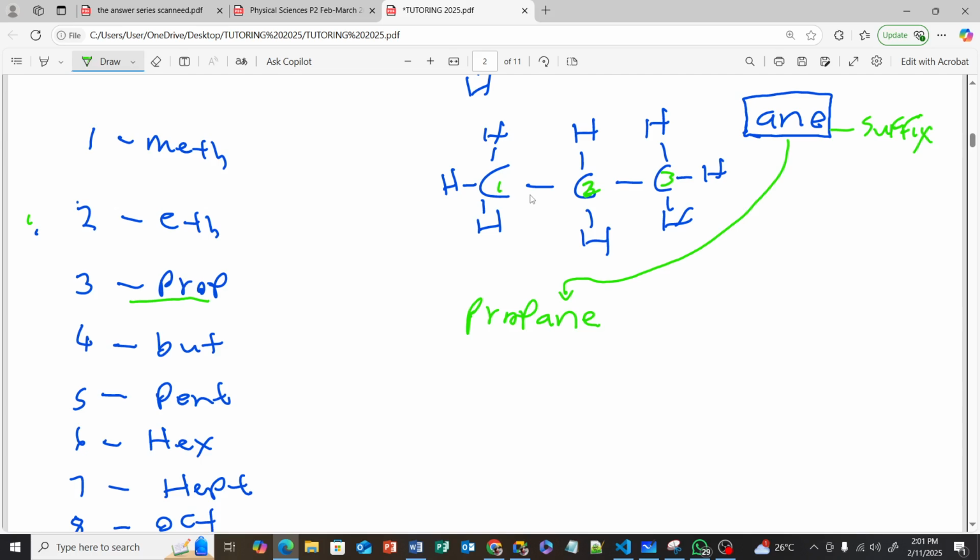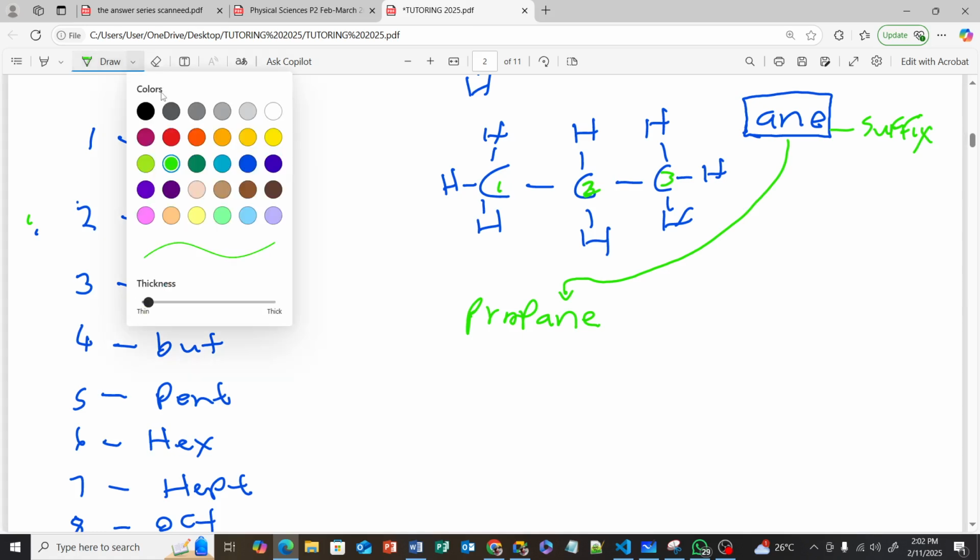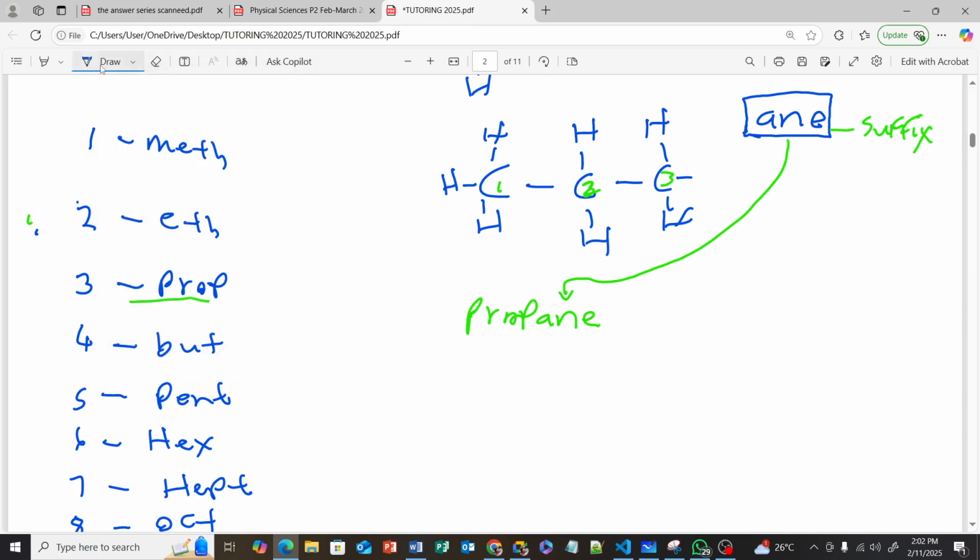Okay, now what happens if we add another carbon? If I add another carbon here, I must have that H, then I will put another C, then H, H, H. So now it's going to have how many carbons? 4. So now it's going to have 4 carbons. So what is the name for the longest chain of 4 carbons?